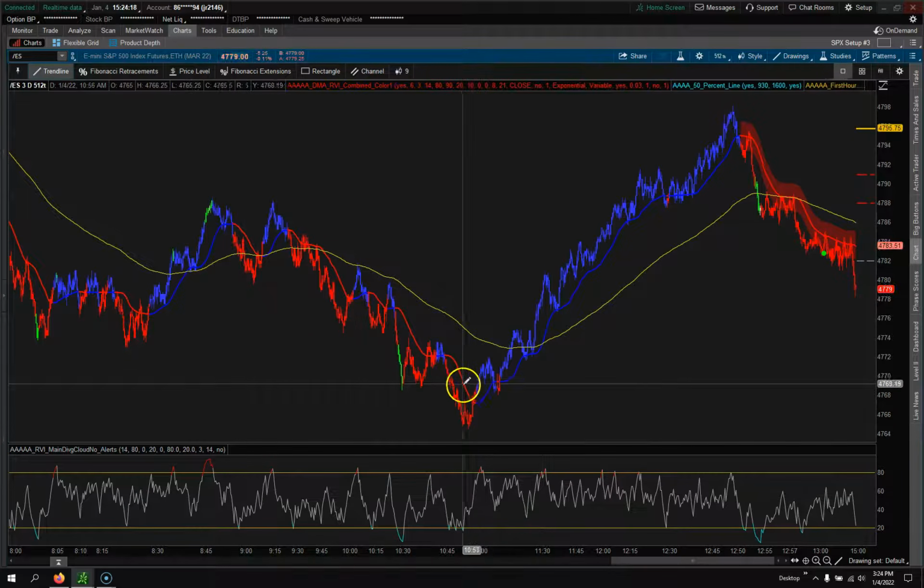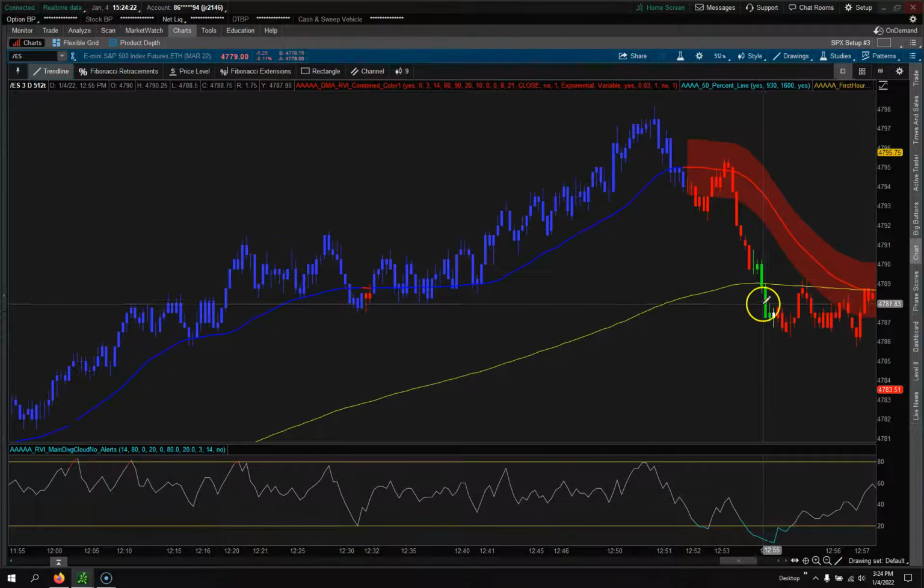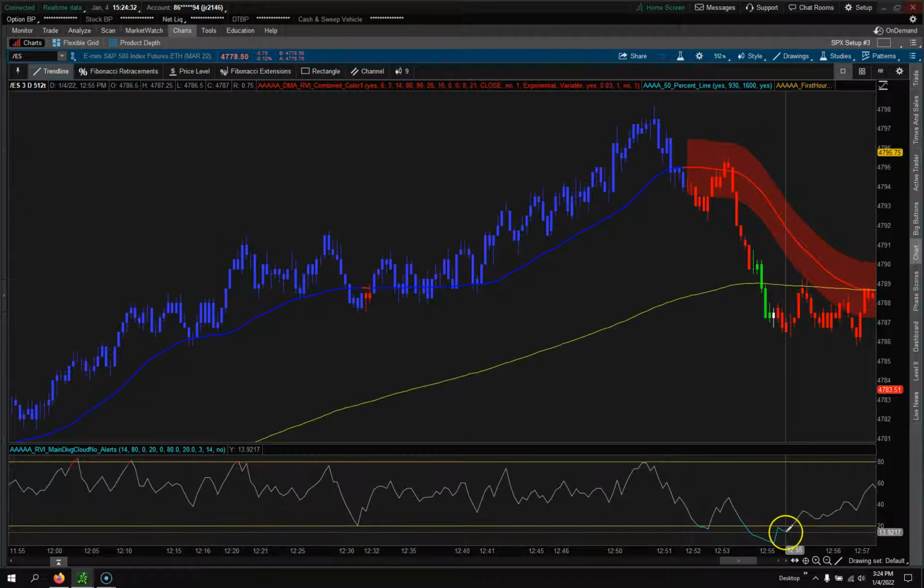Here's a really good example. We get way oversold. We have a little bit of a bounce right here, and then we make new lows. But look, we're back to red, meaning we have a divergent signal: the RVI is making a higher low, but price has made a lower low.